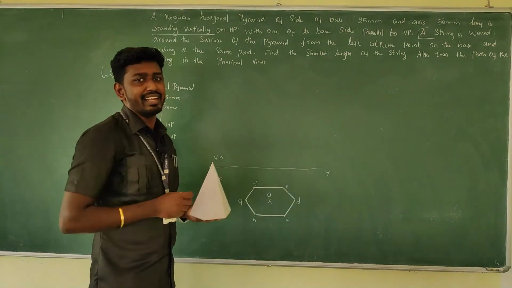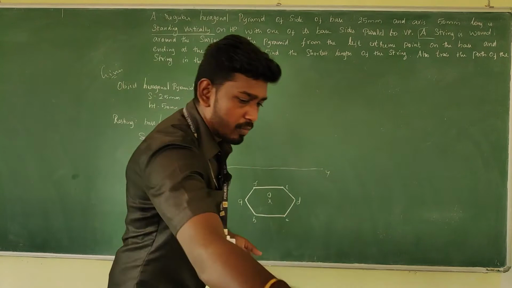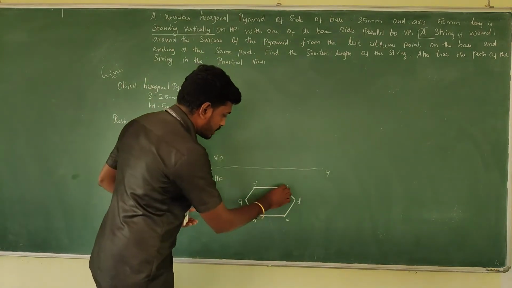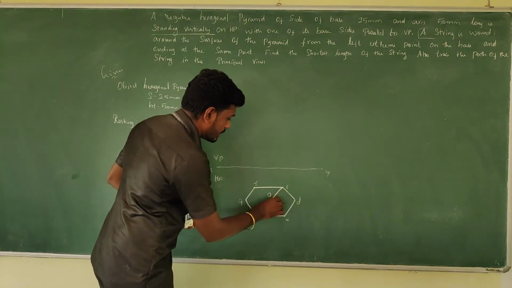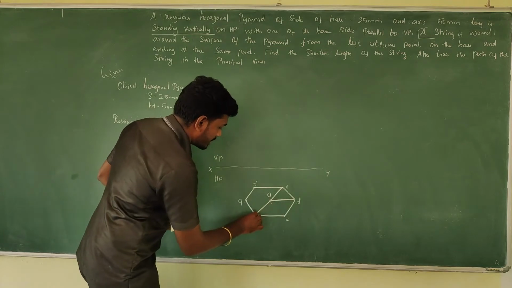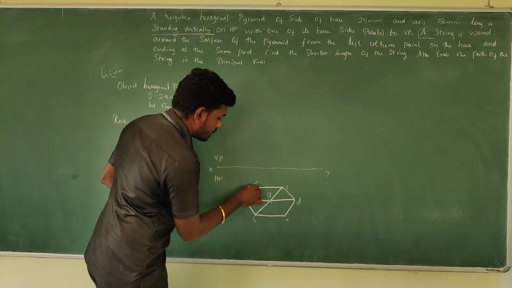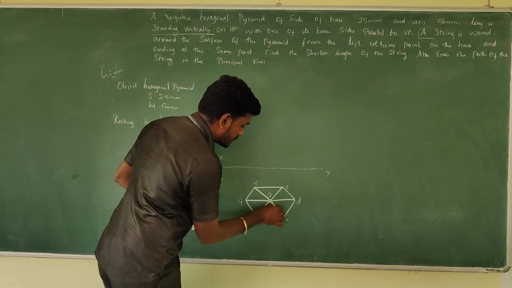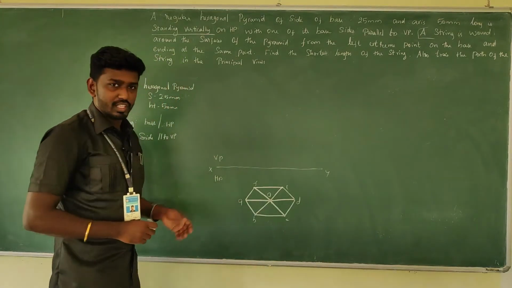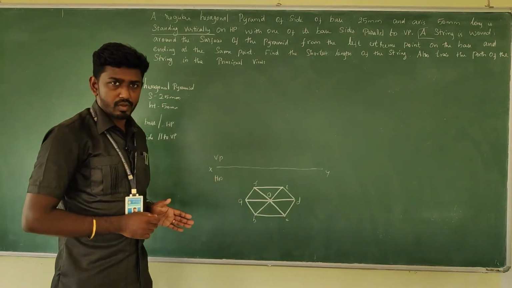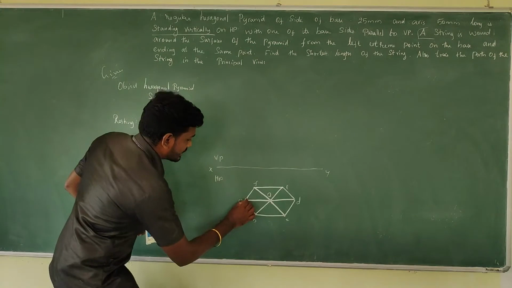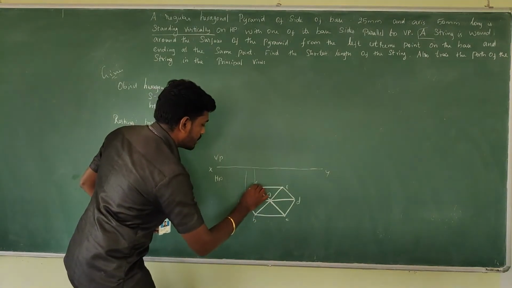Am I right? All the slant edges are visible, so I am going to connect all the slant edges. There is no problem with a cutting plane, so without any confusion we can make a dark line for the top view from the beginning. No issue.